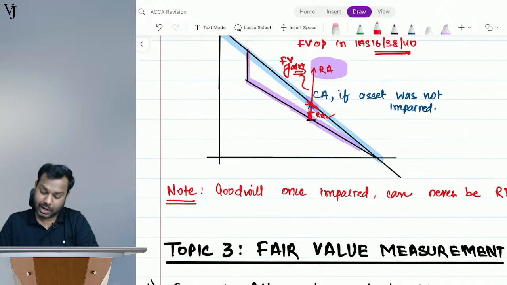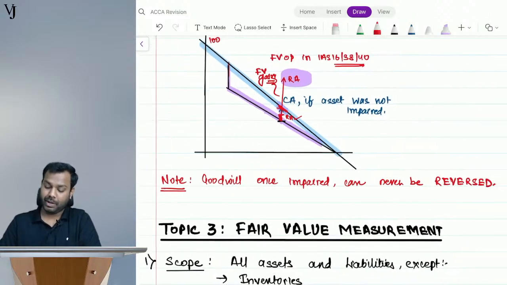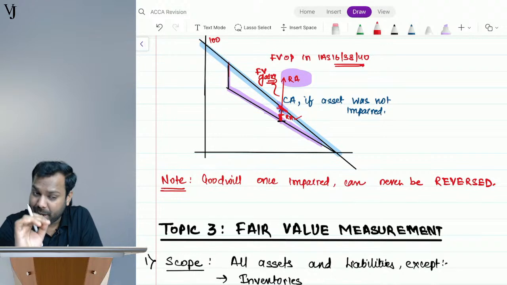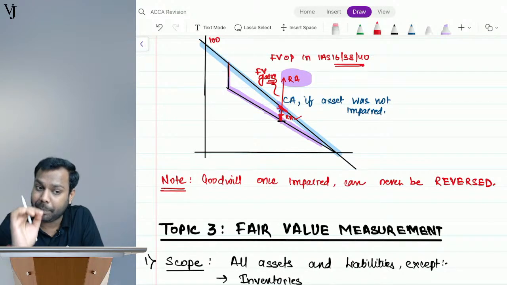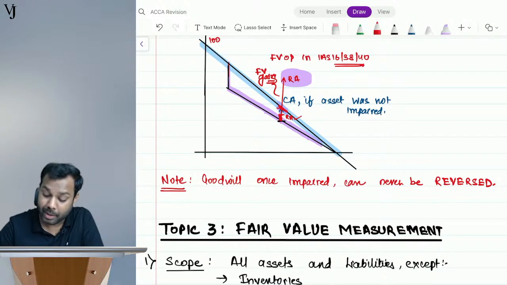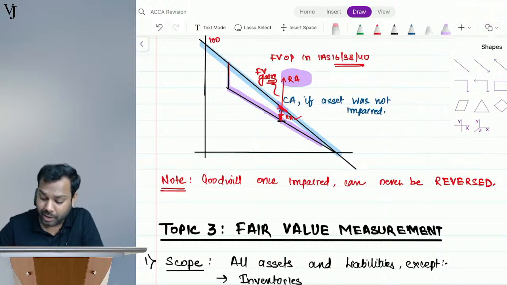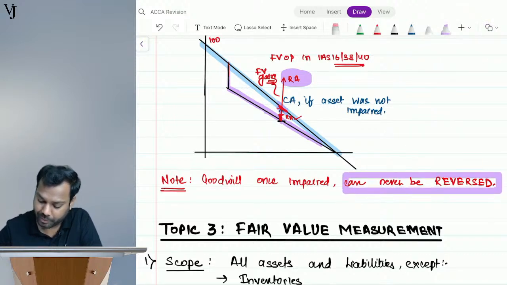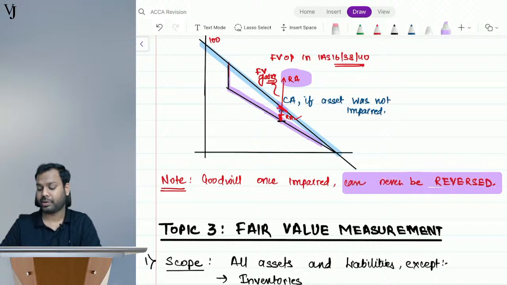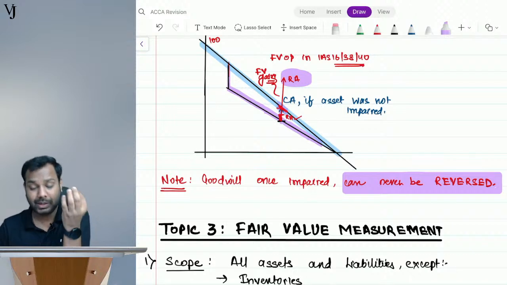Now, the last note, it says that goodwill once impaired can never be reversed. You cannot reverse the impairment loss that you have created on goodwill. You cannot reverse. On non-current assets, yes, you can reverse.